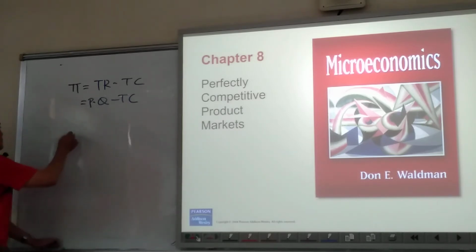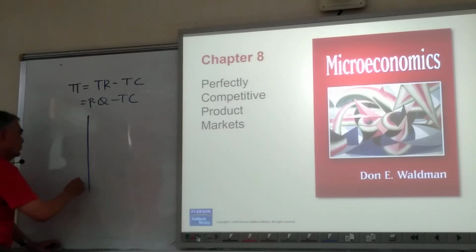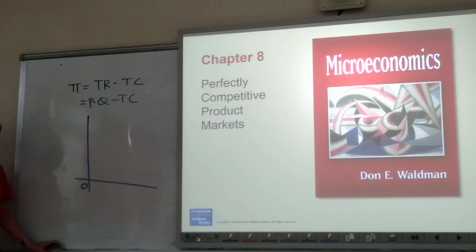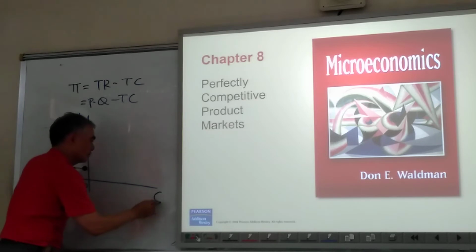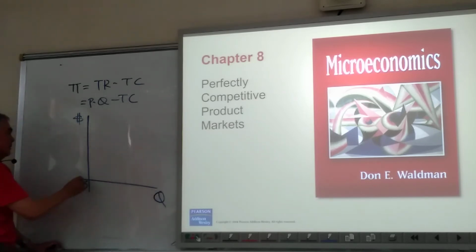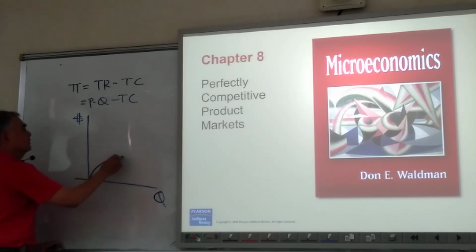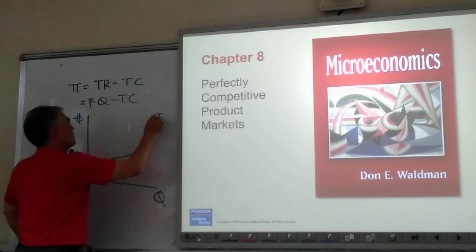We assume it is long run production, so that's going to make things a little bit easier. Again, this is the cost function. Here is the cost, and here is the production level, and we have something like this. So this is the total cost curve.